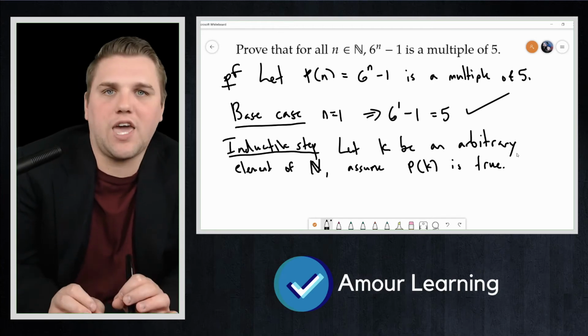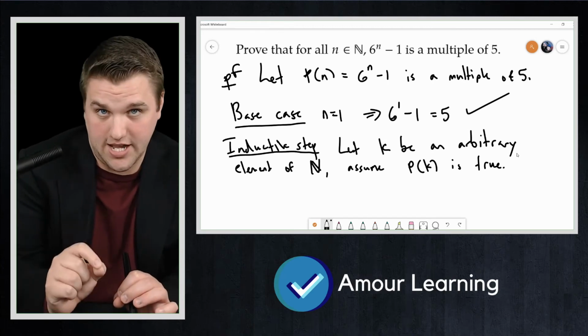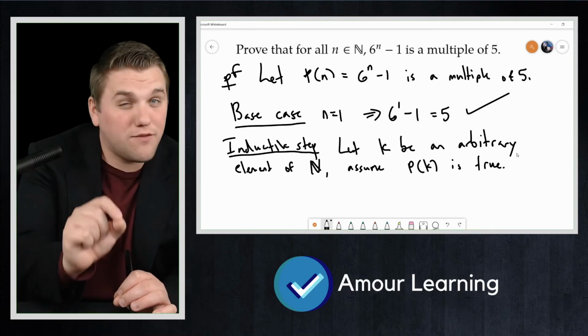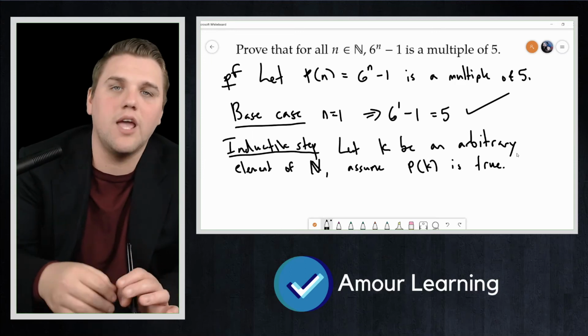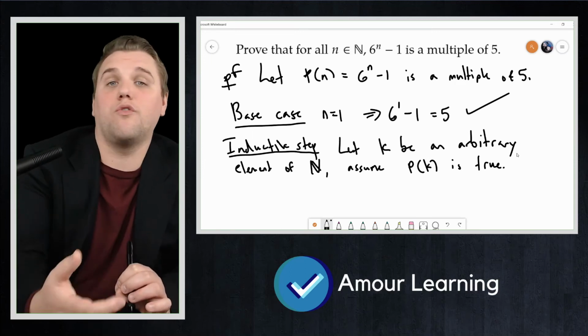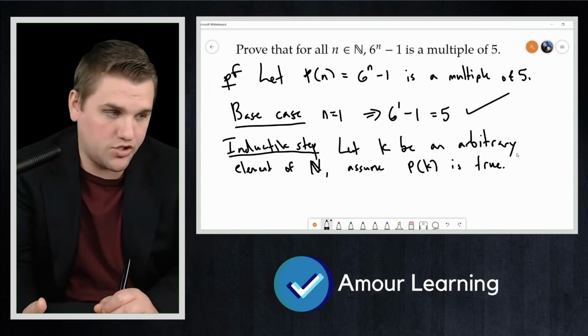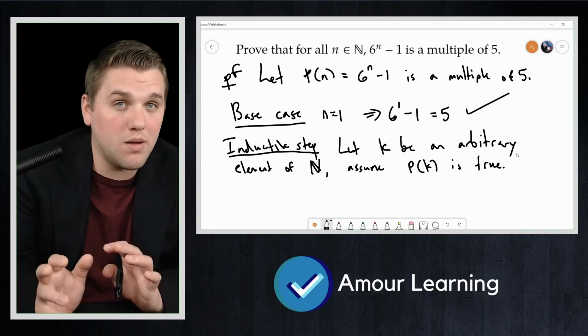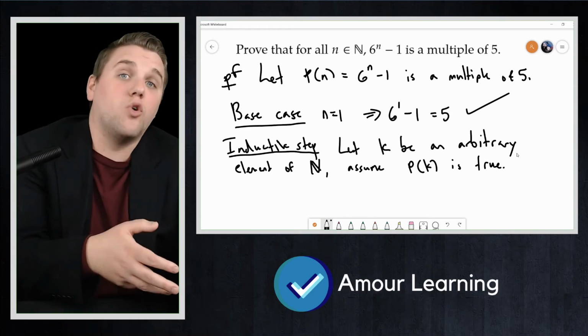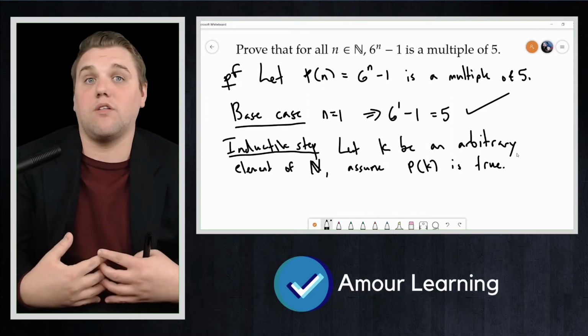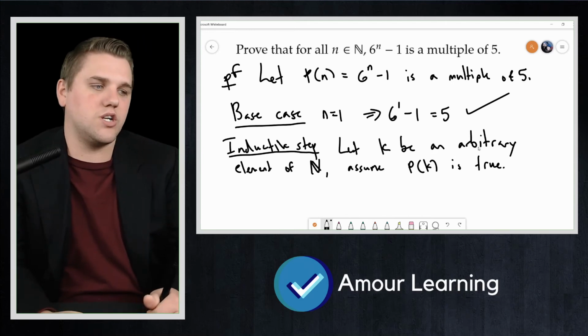P of k is one instance of the statement, and we're assuming that one instance for that specific, arbitrary k value in order to prove that the next case, P of k plus 1, is also true. So we're assuming P of k in order to prove that P of k plus 1 is true, and that with the base case and mathematical induction will get us our conclusion here.